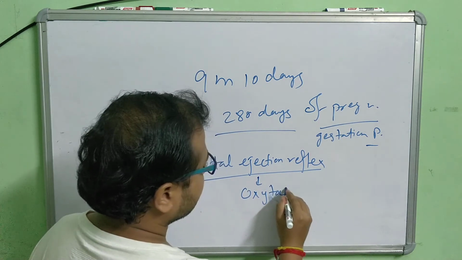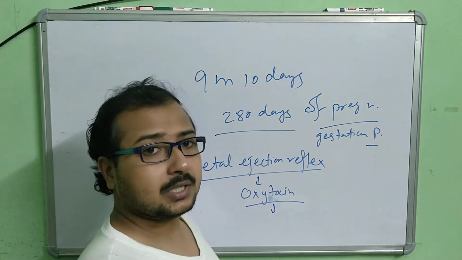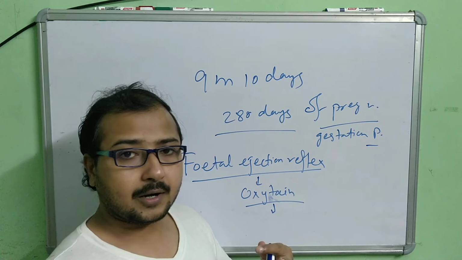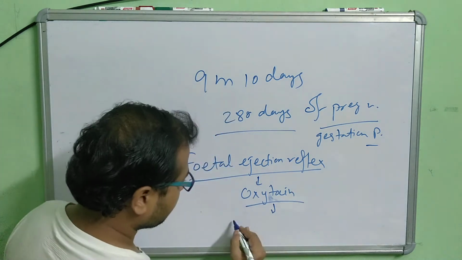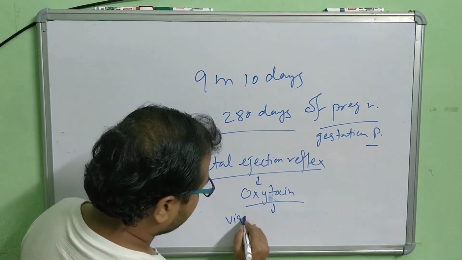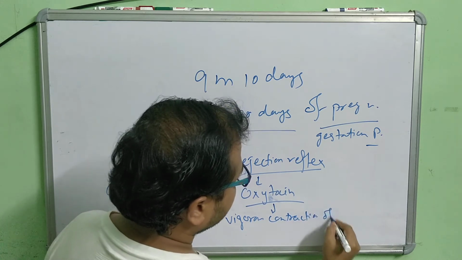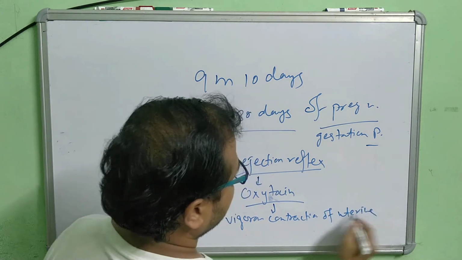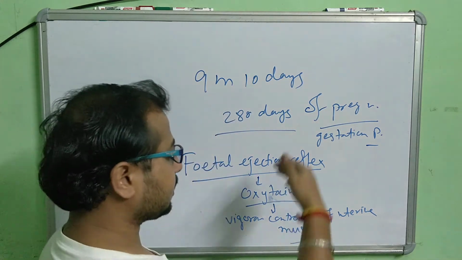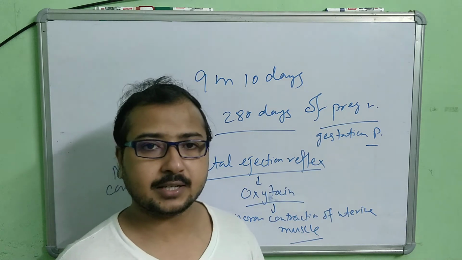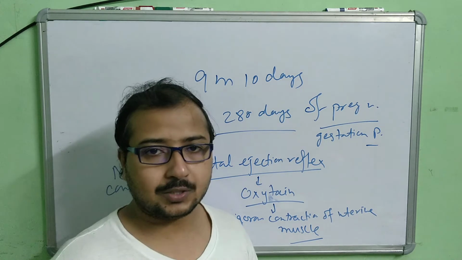This mild contraction, this reflex, triggers the secretion of oxytocin hormone. This oxytocin in turn triggers a much more vigorous contraction of the uterine muscle. Majorly, the mild contraction and the vigorous contraction take place in the uterine muscle only, and from there the delivery slowly takes place.